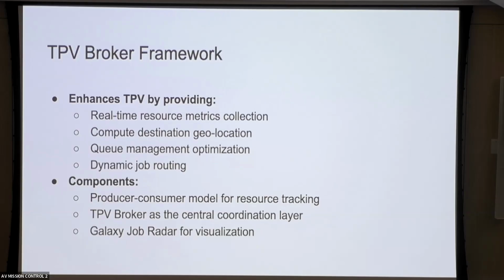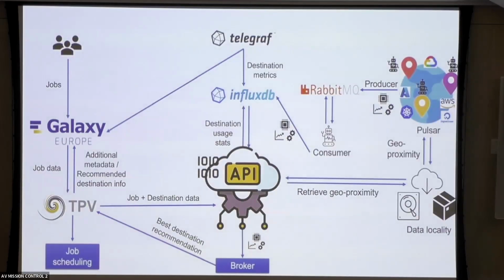So with all of this information that we collect about the destinations, we can start to make better decisions. And technically, it also makes use of a RabbitMQ queue to transport these metrics between the destinations and the TPV broker. Lastly, there's also a visualization tool we've developed for this.